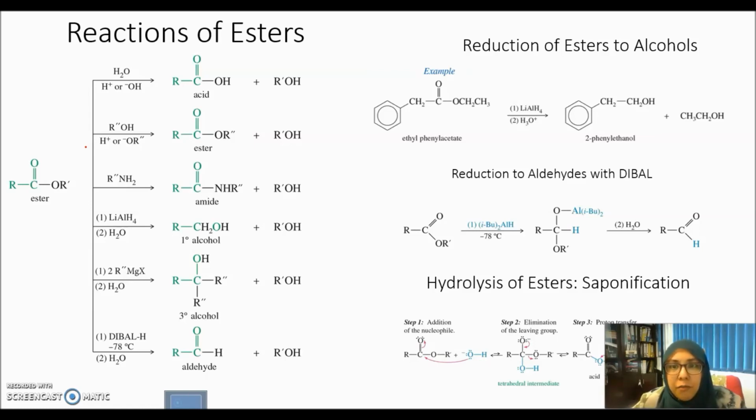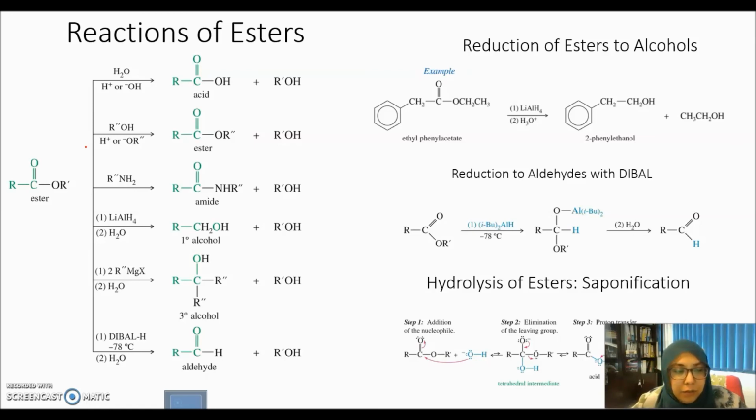So for reactions of ester, there are several reactions that you can see there. For me the most interesting ones will be the reduction, whereby reduction of ester to alcohol using lithium aluminum hydride, you will get alcohol definitely, and another alcohol, because it will not stop until carboxylic acid.